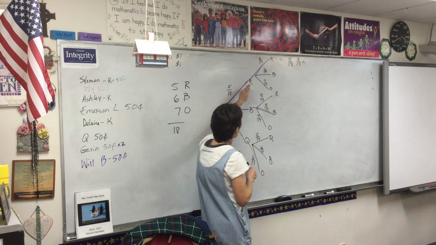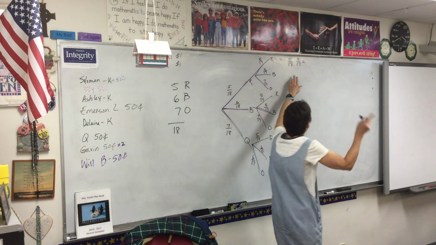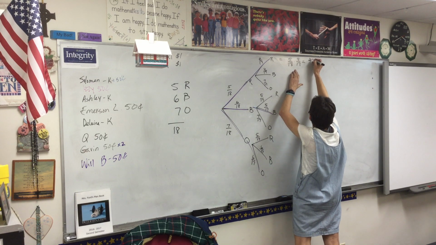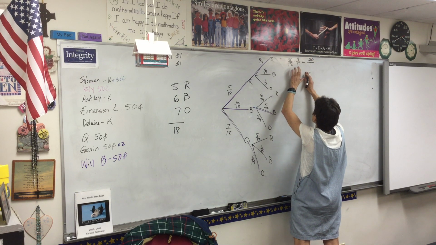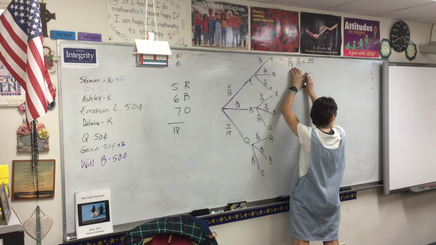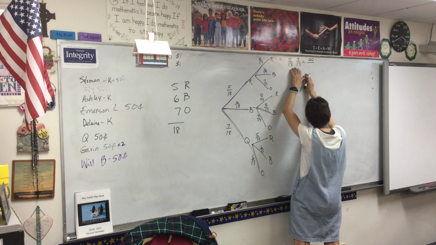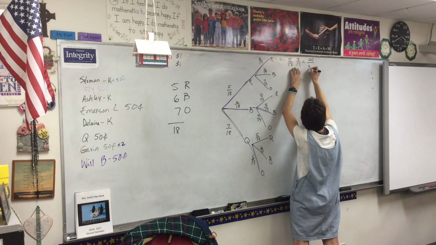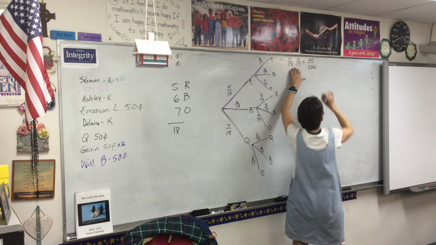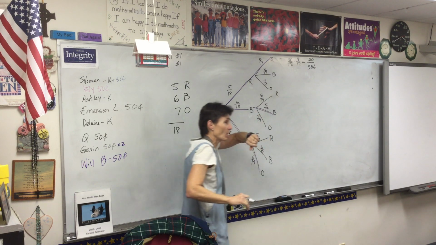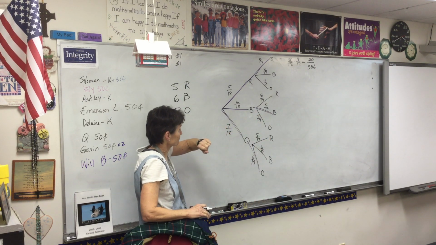So we want to get a red and a red. I know that reduces, but I don't want to. You'll see why in a second. So what's 18 times 17? Would someone do that for me, please? 18 times 17? 306. I know it reduces. Just hang on and you'll see why I'm not. I'll reduce my final answer.